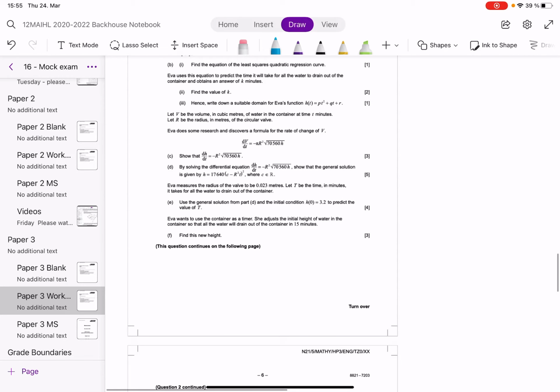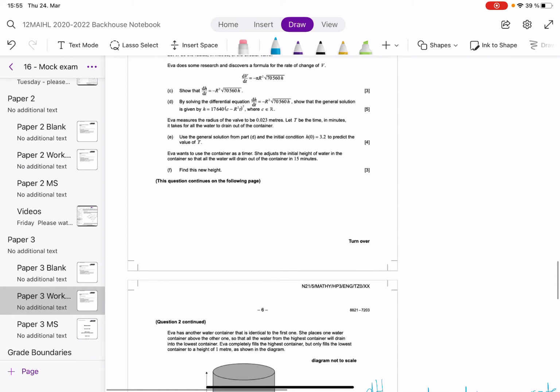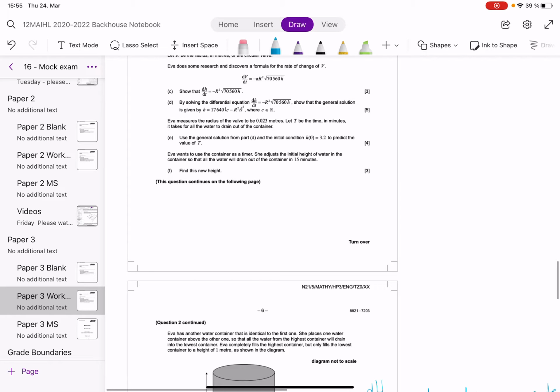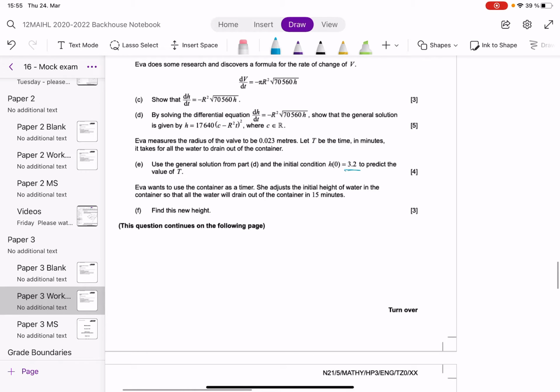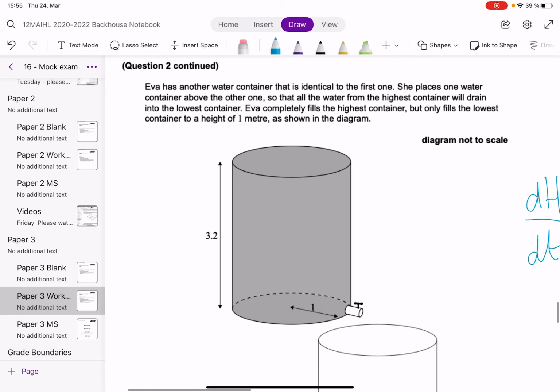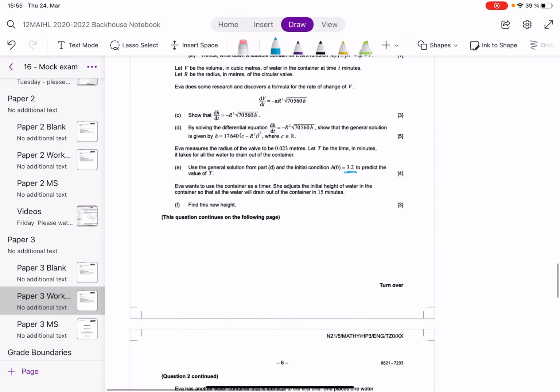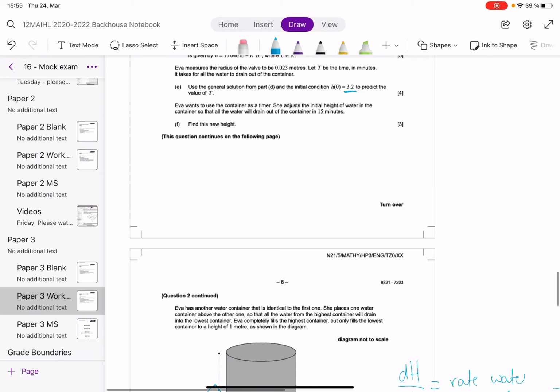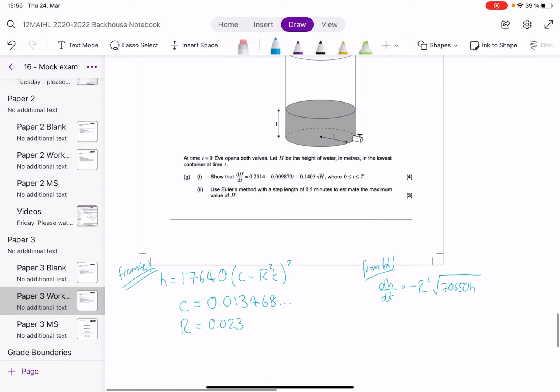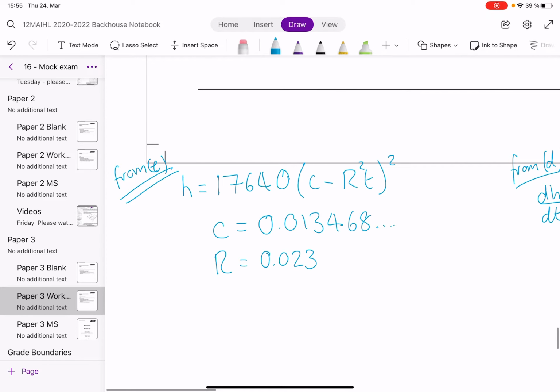Now, part D and E were all about this container filled up to a height of 3.2, which is exactly what we've got here. It's filled to 3.2. So we came up with a particular solution for the height of the water in parts D and E. We also found the value, the constant C, and we were given R, which is just the radius of the valve.